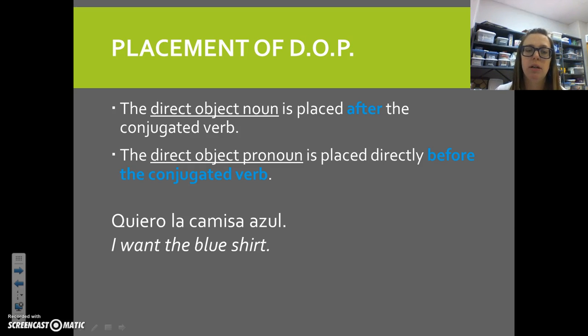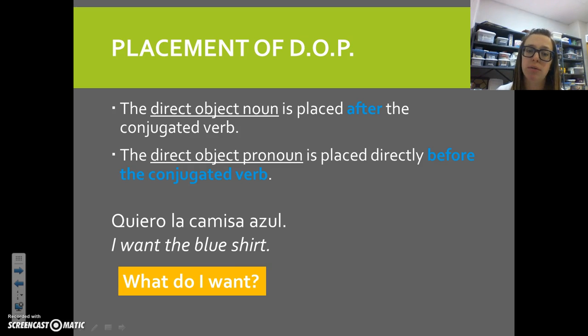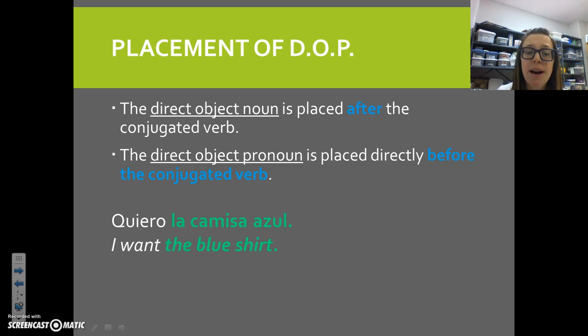So, quiero la camisa azul. I want the blue shirt. Remember, to find the direct object, or the direct object noun, you ask what or whom about the sentence. So, what do I want? La camisa azul, the blue shirt.